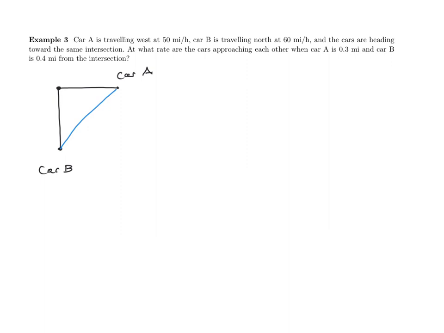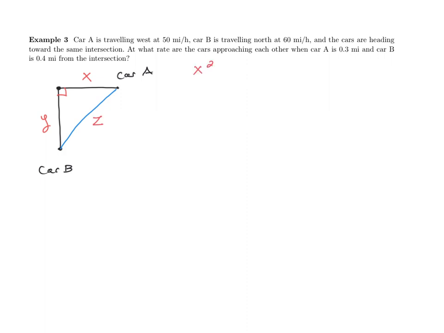The next step is going to be to define some variables and then set up an equation that connects these variables. I think an obvious choice would be something like, I see a right triangle, I'll call this side x, I'll call this side y, and we're not actually told what this side is equal to, so I'm going to call it z. What is the equation that connects these together?